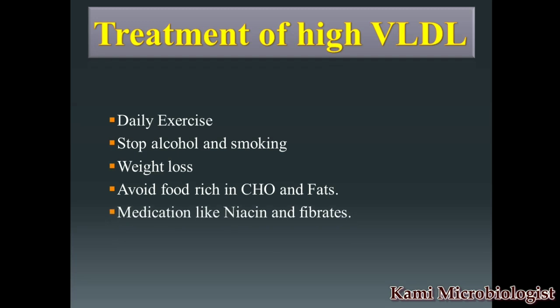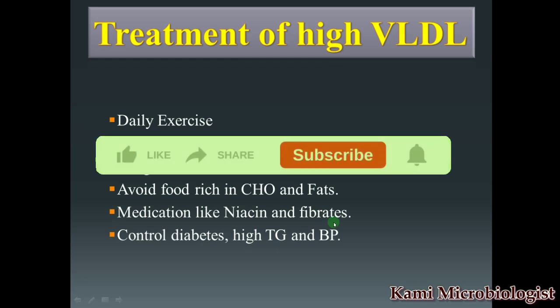And if your triglyceride value is higher than 500 mg per deciliter and it is not controlled by these lifestyle changes, then you must use niacin and fibrate medicine. If you want to control your VLDL, you must control your diabetes, high triglyceride and blood pressure. It will control your VLDL ratio in the body.